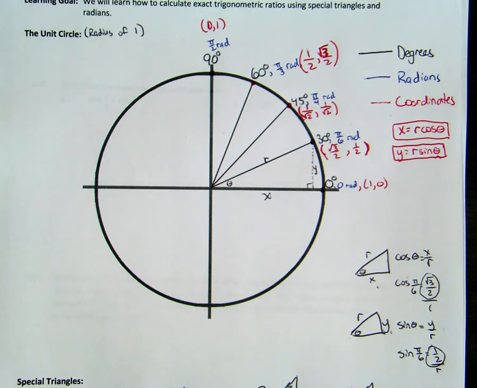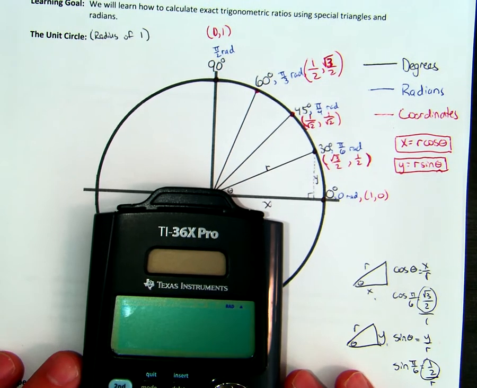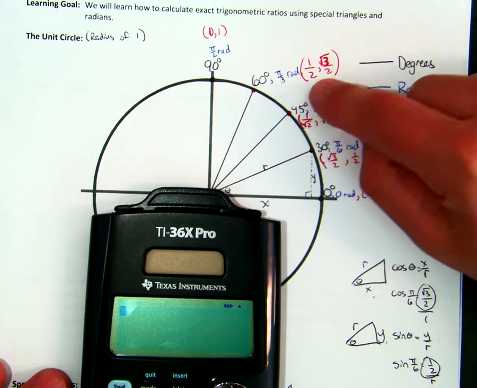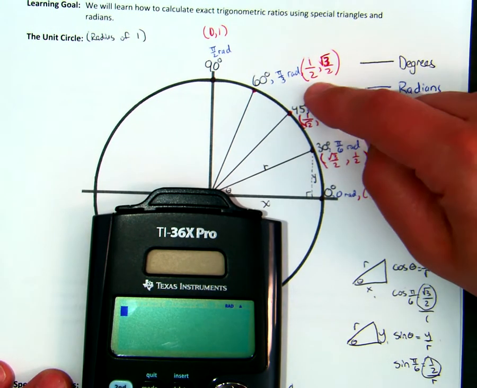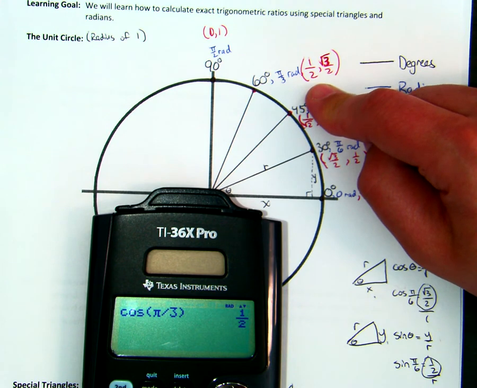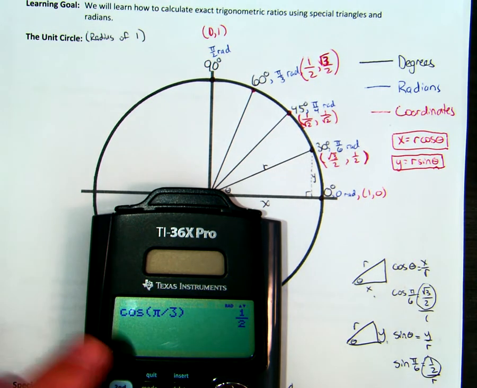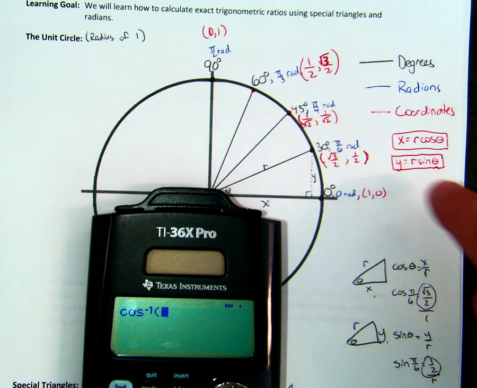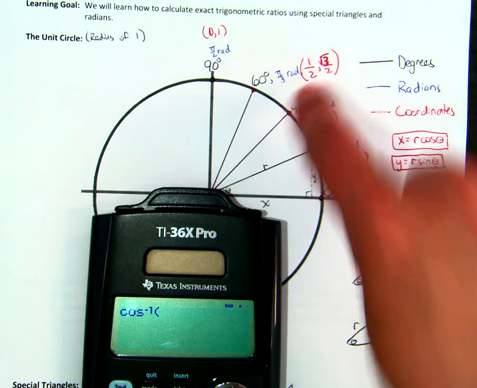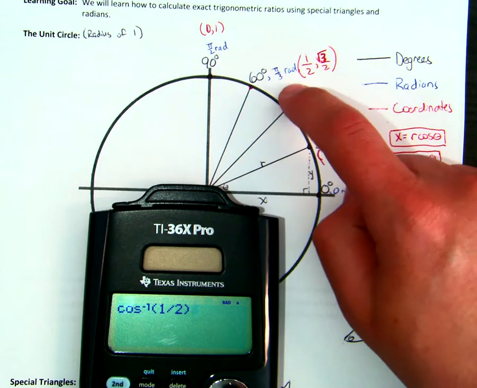Okay, so if you wanted to work this out on your calculator, just flip it around the other way. I know that cos of pi by 3 radians should be a half, so if I punch cos of pi divided by 3 into my calculator, it should give me a half, and it does. You could flip it around too. Mine's different, I don't have to hit second function on mine, but cos inverse of 1/2 or 0.5, it better give me pi by 3.